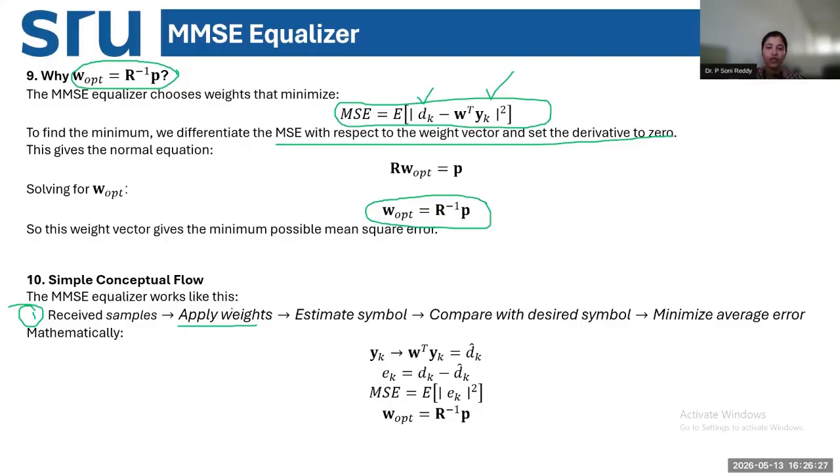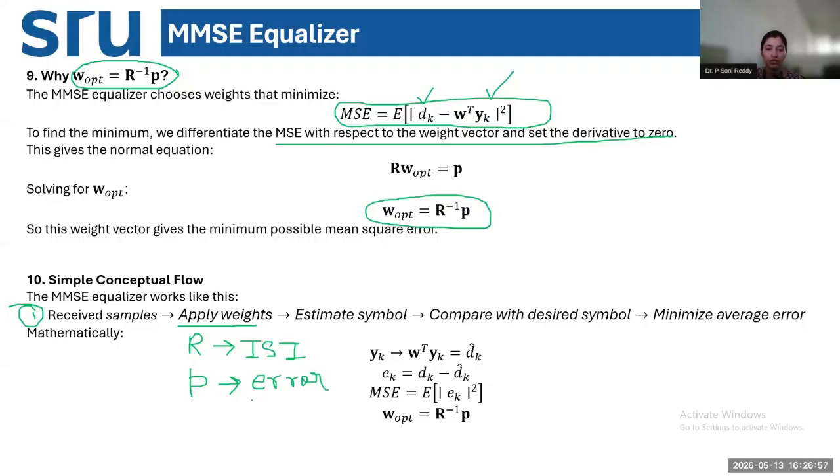So now from these received samples, we will calculate the weight. Now, how are we calculating the weight? We are calculating using the autocorrelation factor R and the cross correlation factor P. Autocorrelation tells how much is the level of intersymbol interference, and cross correlation tells what is the error between the received and the transmitted signal, the difference in the signal that I have received.